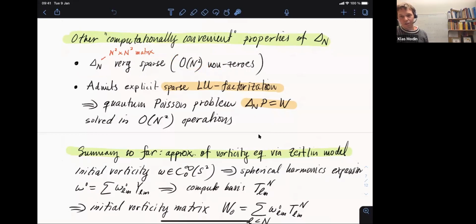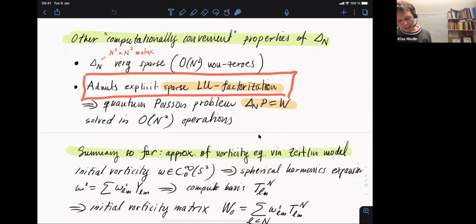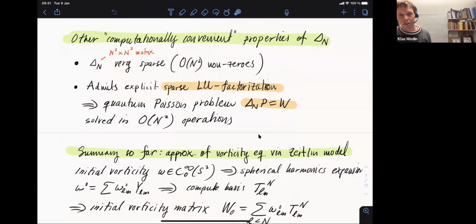All the other elements are zeros. So it's a sparse matrix, but even more importantly, by the structure of this matrix, you can explicitly construct a sparse LU factorization of it, which means you can think of it as the multiplication of two large but very sparse matrices, L, which is lower triangular, and U, which is upper triangular.